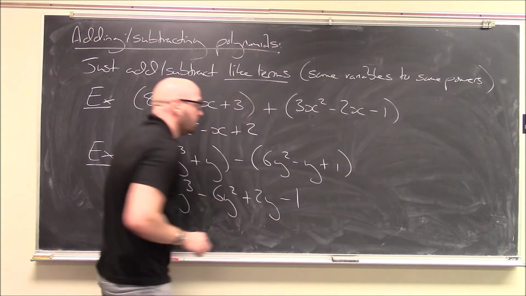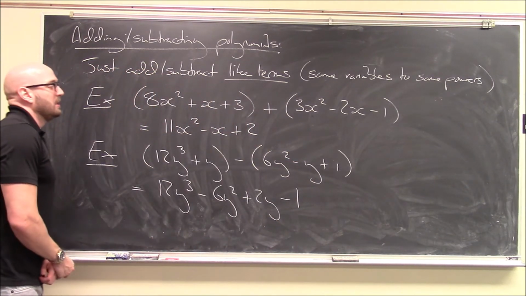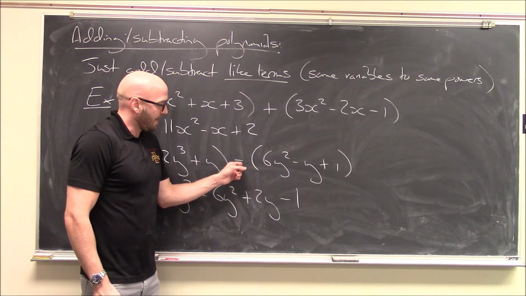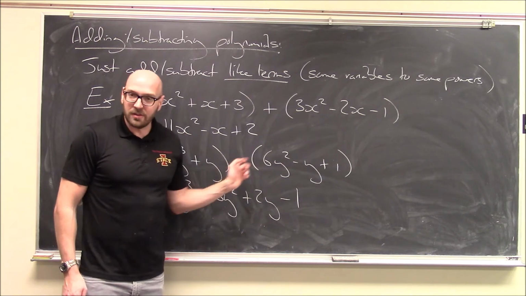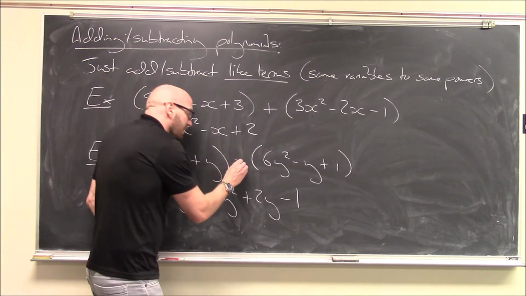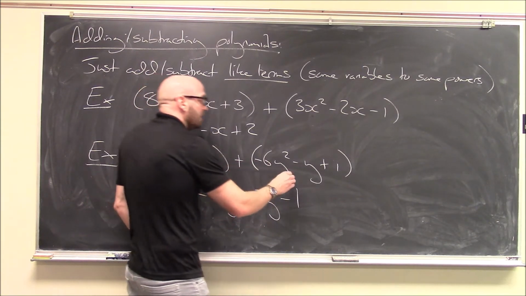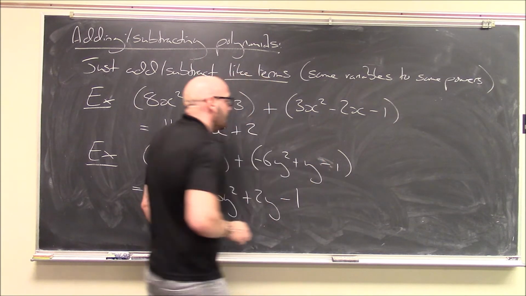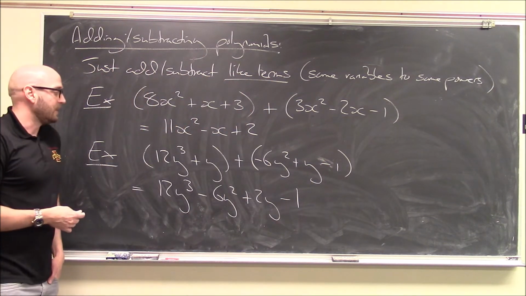Leaves me with minus 1. So you just have to make sure that you remember that this is really addition, but I'm distributing this negative sign all the way through. So in other words, I'm really thinking of this as plus minus 6y squared, and then minus minus y is plus, and then minus 1 is an equivalent expression.